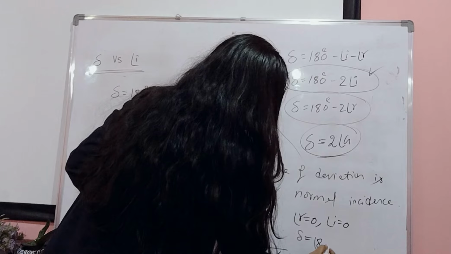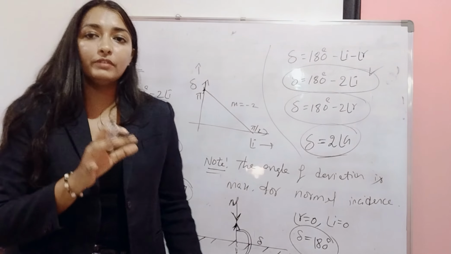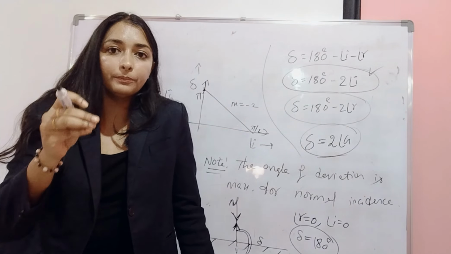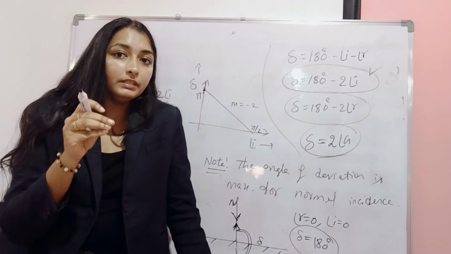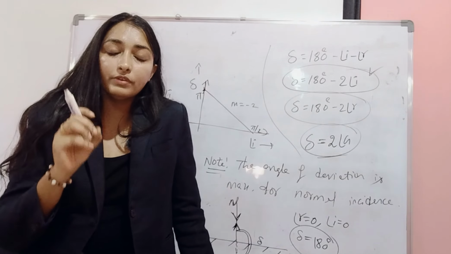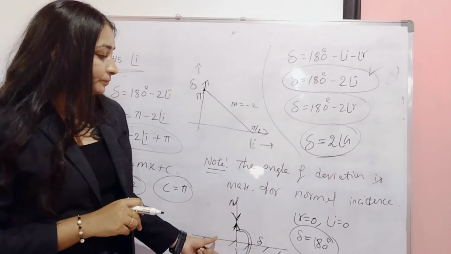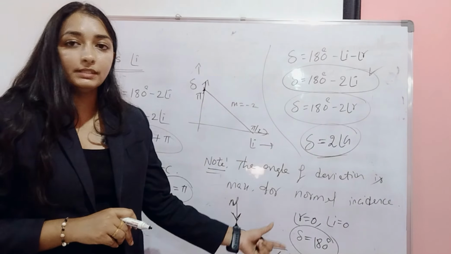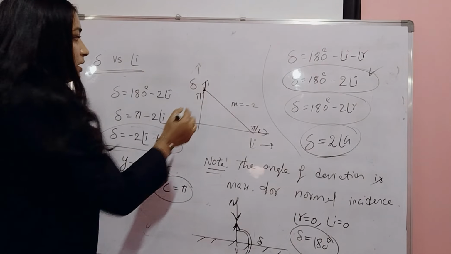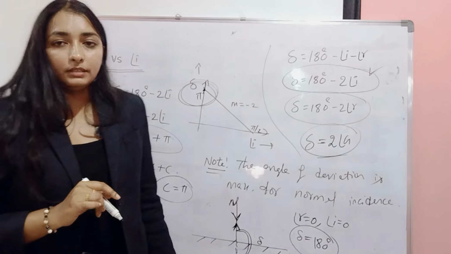Clear? So delta is equal to 180. So this type of incidence is called normal incidence. When the incident ray is going along the normal, that type of incidence is called normal incidence. So for normal incidence, the angle of deviation is maximum, that is 180 degrees.